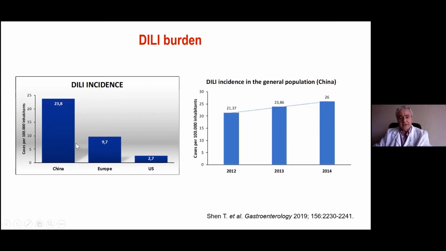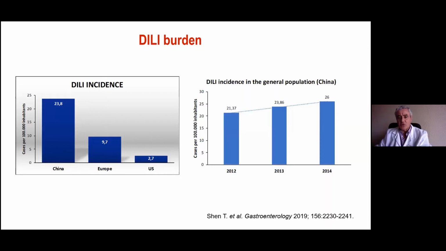This is probably because the designs of these studies are quite different, retrospective, prospective, and population-based, and the criteria for defining DILI are also quite different. For example, the criteria in the US study are more stringent.